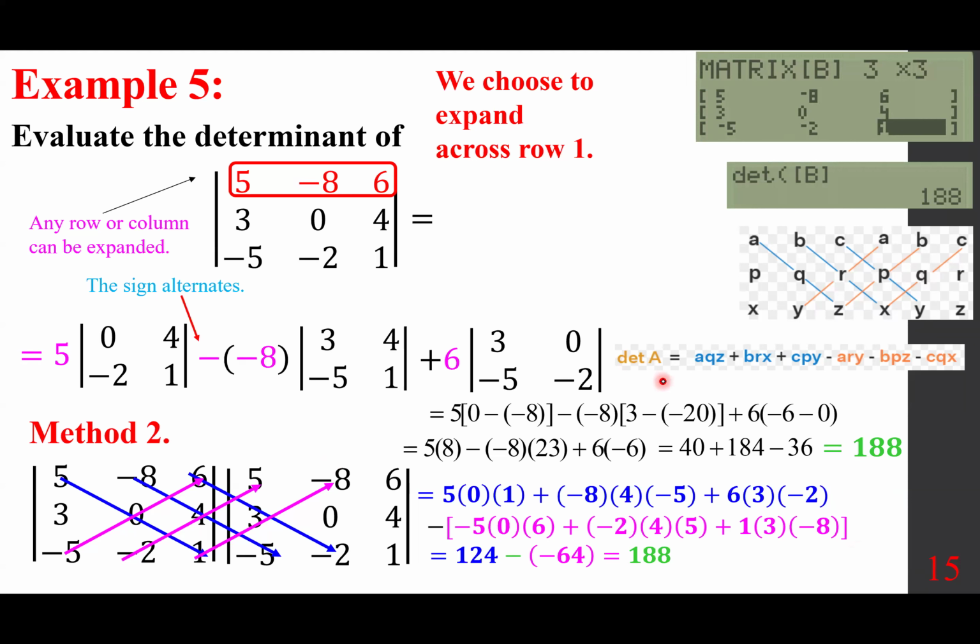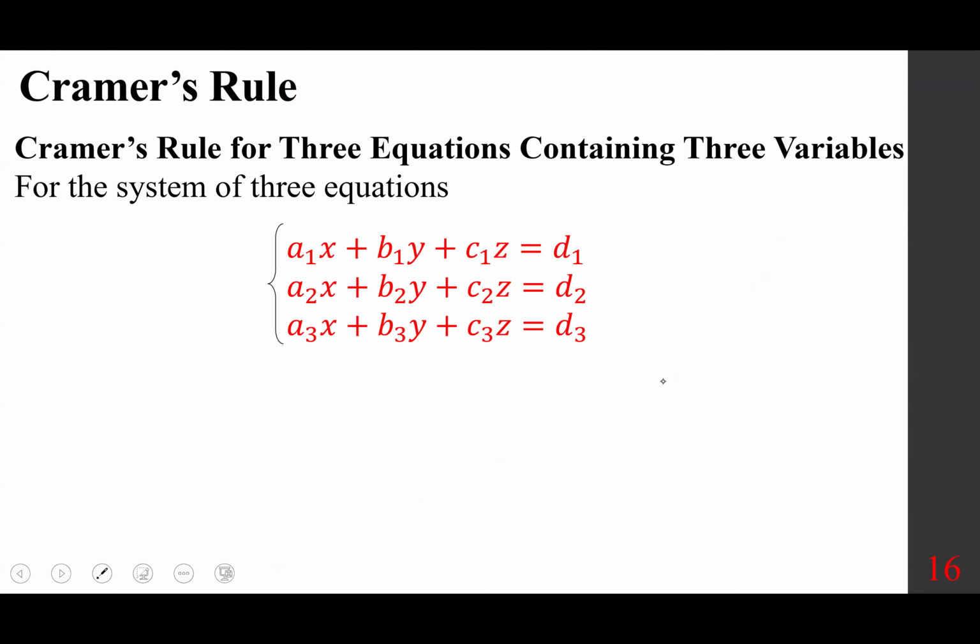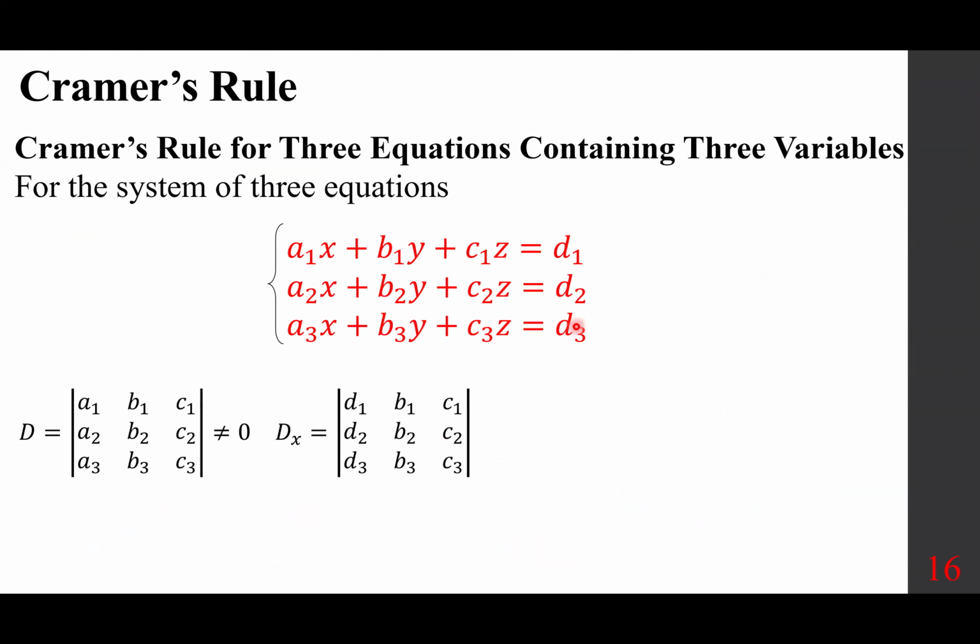So that's the determinant of a 3 by 3, which gives rise to the Cramer's rule for three equations containing three variables in the following manner. D is the determinant of the coefficient matrix. That means ignore that and use that. Now, for D sub x, we are going to put this one here for the first row.